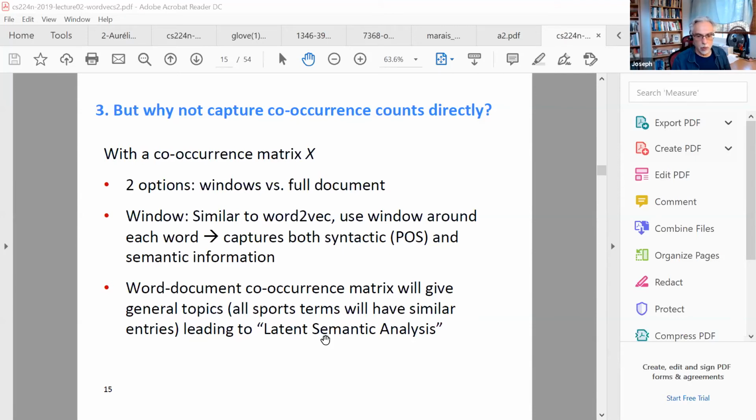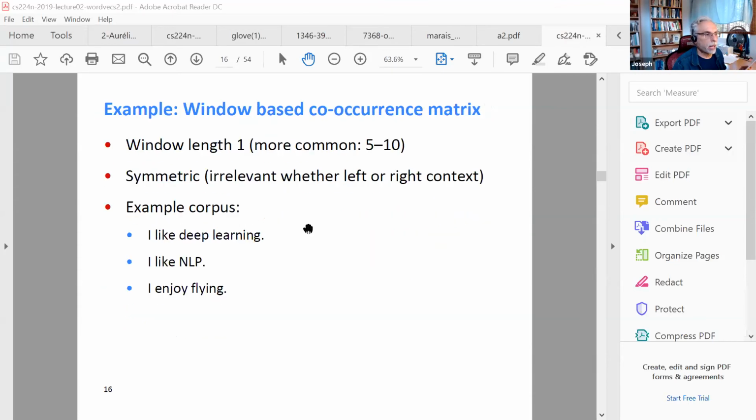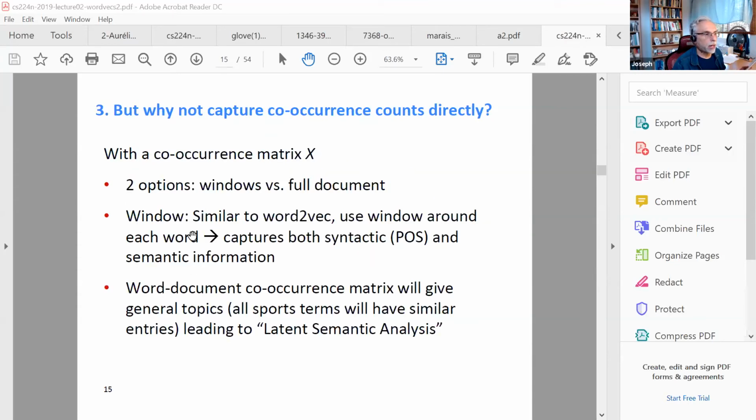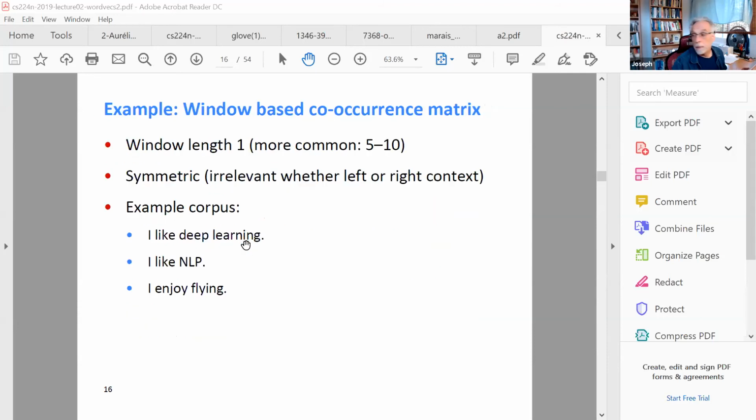It emphasizes the rare words and de-emphasizes the frequent words. And then you apply SVD, singular value decomposition, to factorize this matrix, and then you get the embeddings directly. And then from those, you also define the metric on that space to be the same cosine distance that we've already talked about. So this is a way to get the co-occurrence counts directly. That's what they call LSA or LSI, latent semantic analysis.